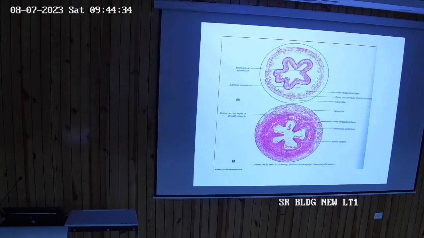So if you find the muscular coat in three layers, inner, middle, and outer, that means the section of ureter is from lower one-third part. Clear? If it is showing only the two layers, that means the section of ureter is from upper two-third parts.